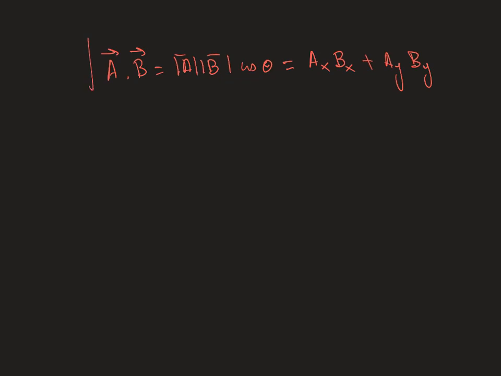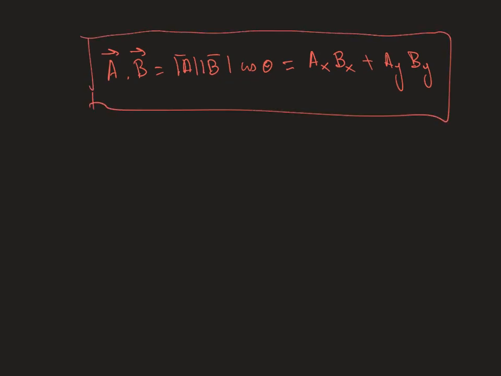And this is all that you have to know to make any kind of problems for the dot product. So I have selected some problems to practice. I will do one and you will do the others.